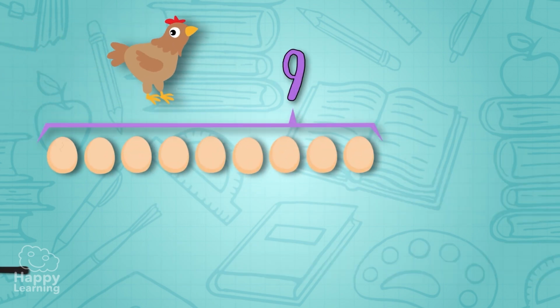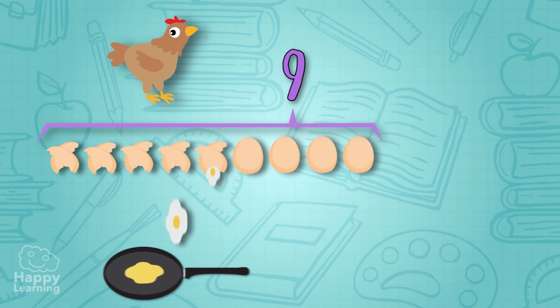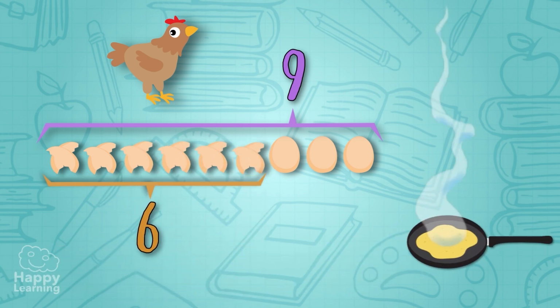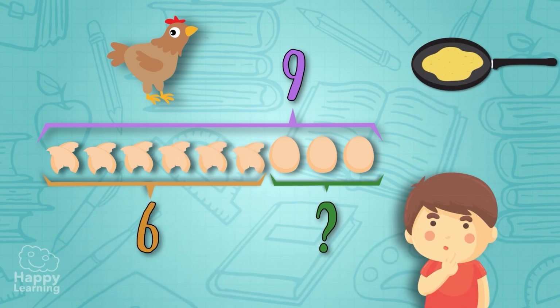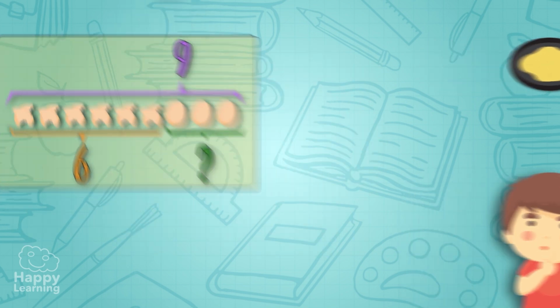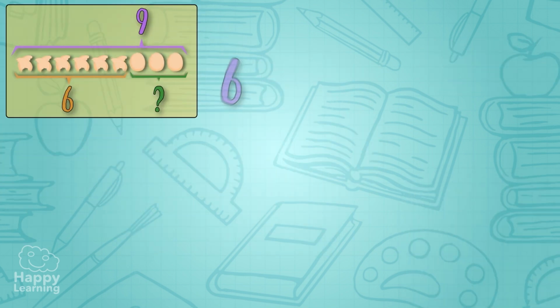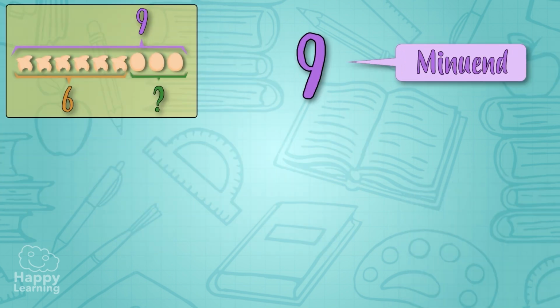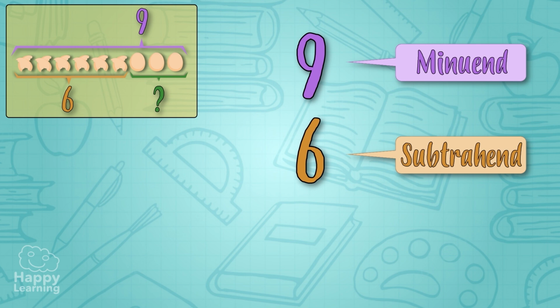For example, if a chicken lays 9 eggs, but we use 6 to make an omelette, how many eggs do we have left? How do we do the subtraction? First, we need to place number 9, which is the minuend, the number of eggs that we have at the beginning. Under it, we'll place number 6, which is the subtrahend, the number of eggs that we'll use to make an omelette.